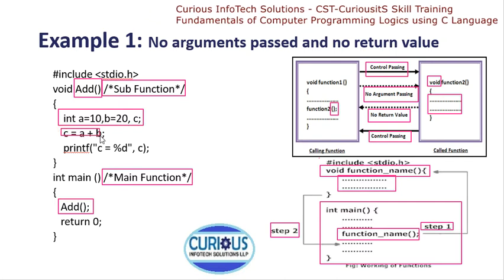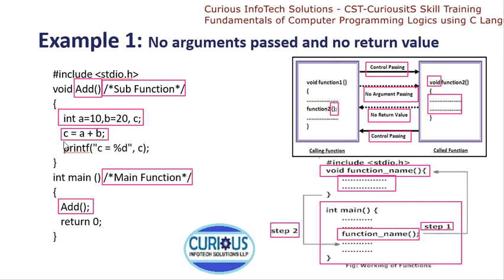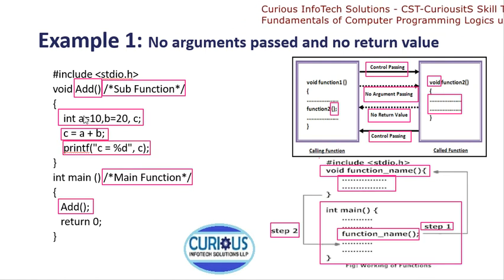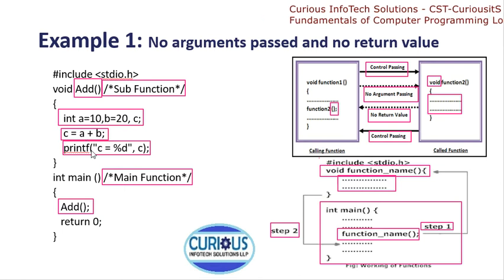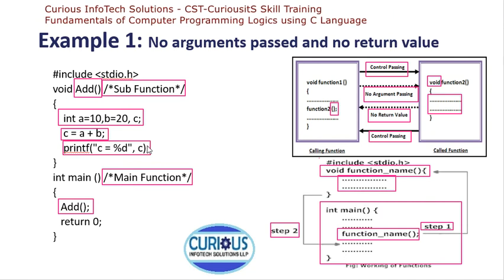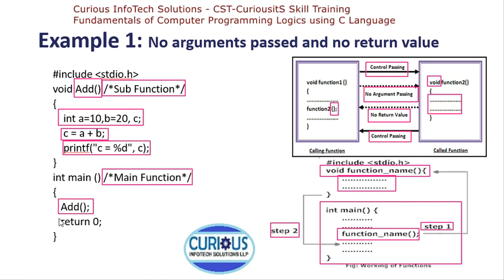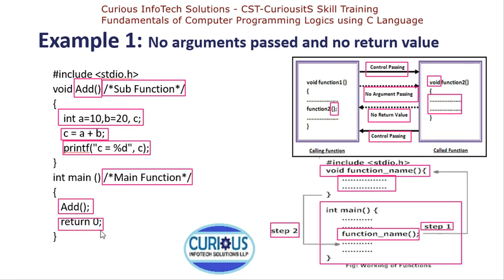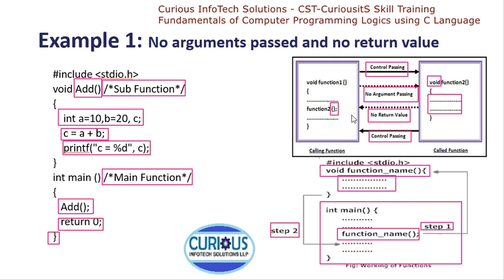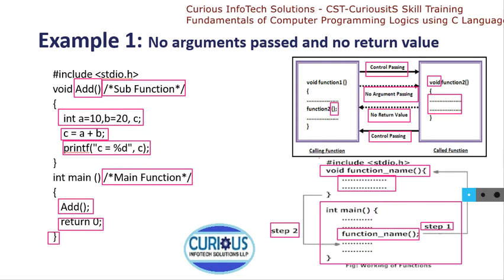Now we should get the addition of this, and we also have a printing in this function. So input, calculation and output, all three are in this add function. As soon as the printing is done, we jump to our return. After this return, we will stop the program. This is how we can make our simple program.